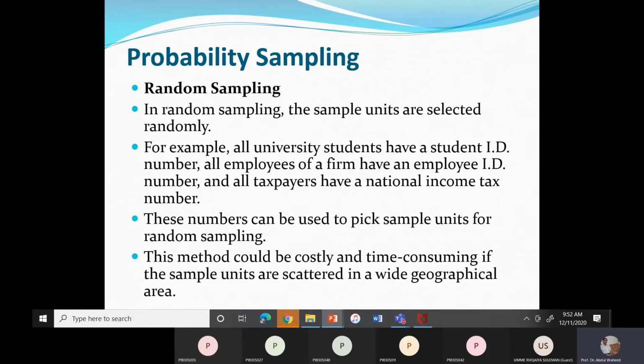This method could be costly and time consuming if the sample units are scattered over a wide geographical area, because we will first select the sample units based on the ID, employee number or tax number, and then we have to locate those sample units. If the geographical area is wide, then it would be time consuming and costly.